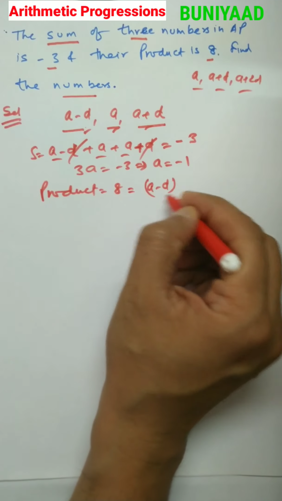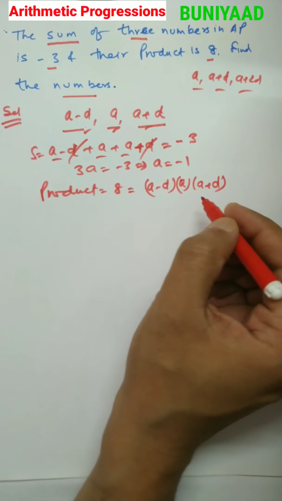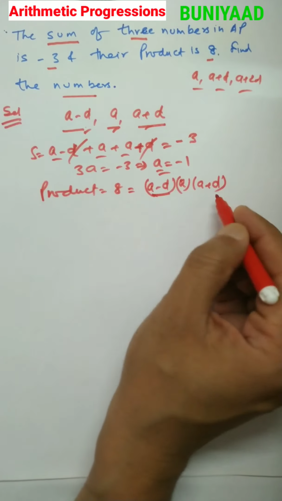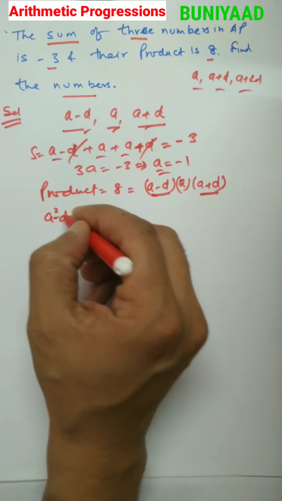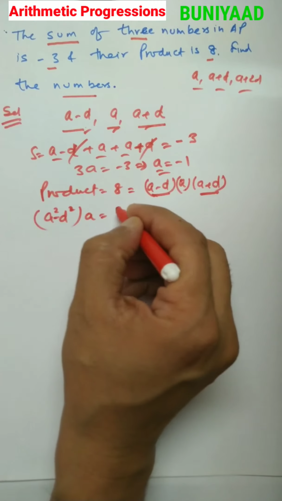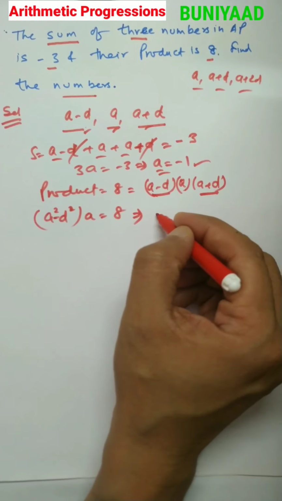Now what is the product? Product of three numbers, a minus d, a, a plus d. We have one variable, right? So a minus d and a plus d gives a square minus d square, into a, that is 8. What is the value of a? Minus 1.